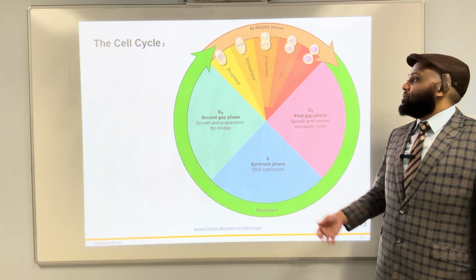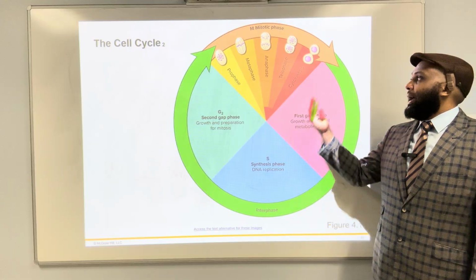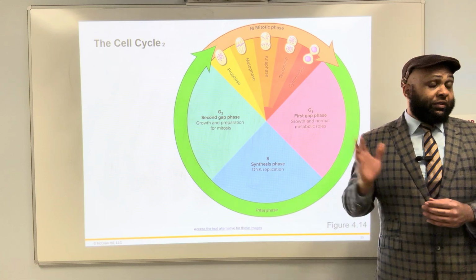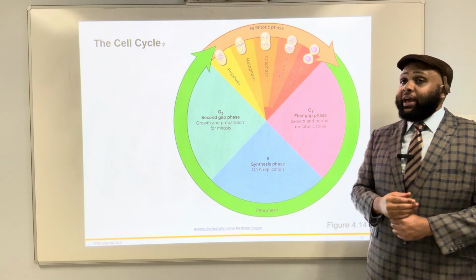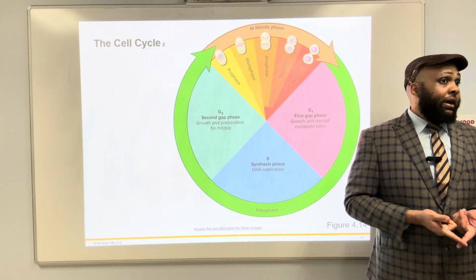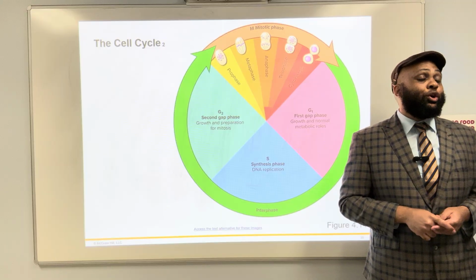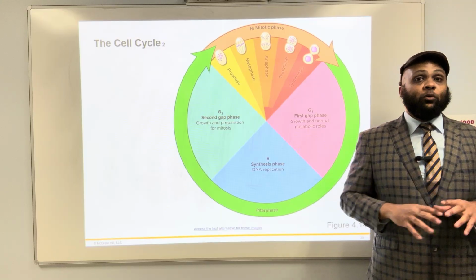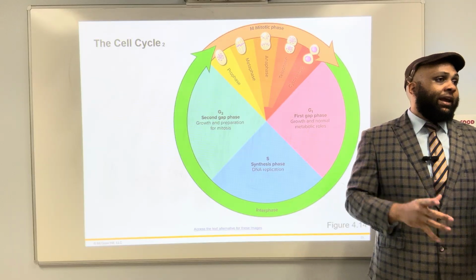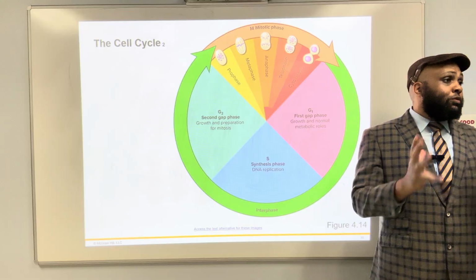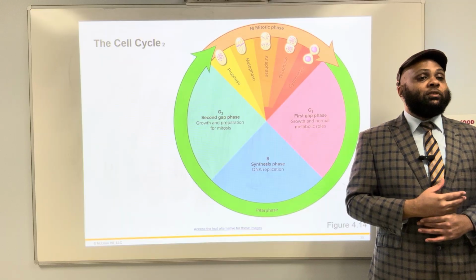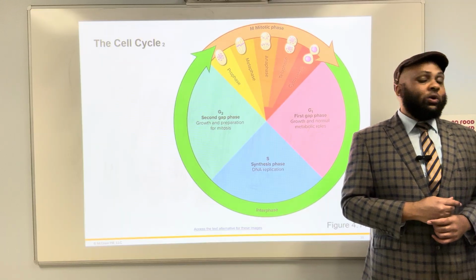Then once you enter mitosis, you have prophase, metaphase, anaphase, telophase, and cytokinesis. You need to know the distinctive features of each of these phases in mitosis. Prophase is known for what? It is known for the fragmentation and the breakage of the nuclear envelope, the nuclear membranes, known as karyorrhexis. Karyorrhexis means we destroy the nuclear membrane. In fact, we need to do that because how are we going to divide the DNA if the nuclear membrane is still there? Then in metaphase, we line up the chromosomes at something known as the metaphase plate.